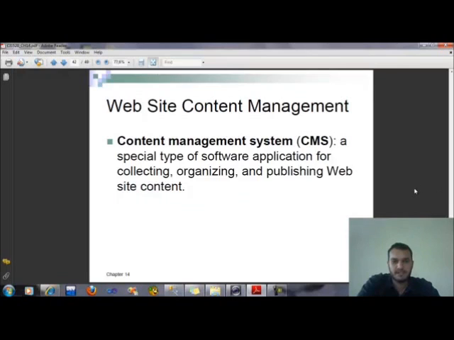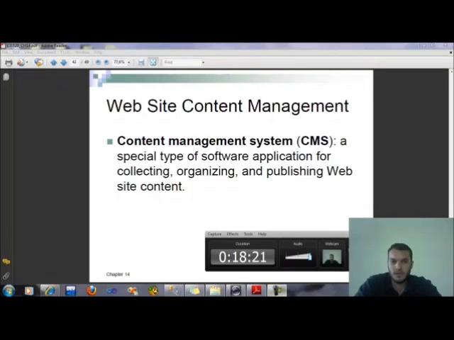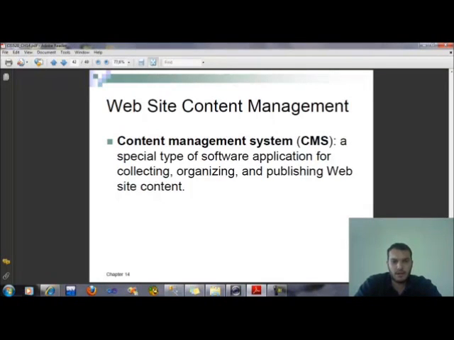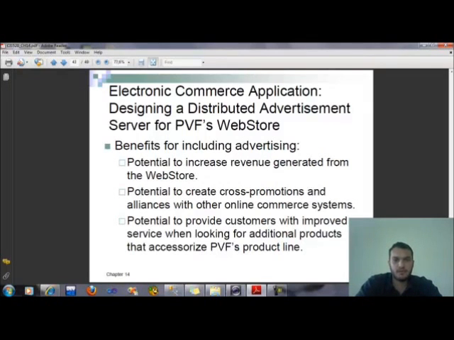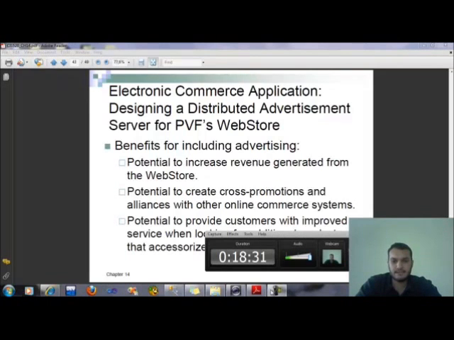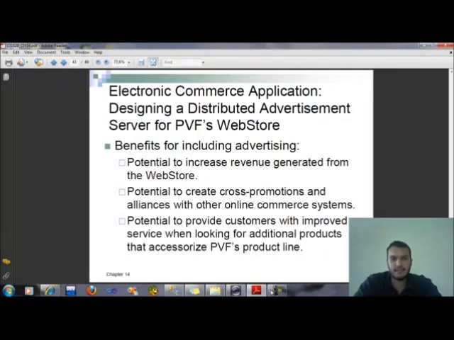And what's a content management system? A content management system is a special type of software application for collecting, organizing, and publishing website content. And electronic commerce application: designing a distributed advertisement server for the PVF web store.